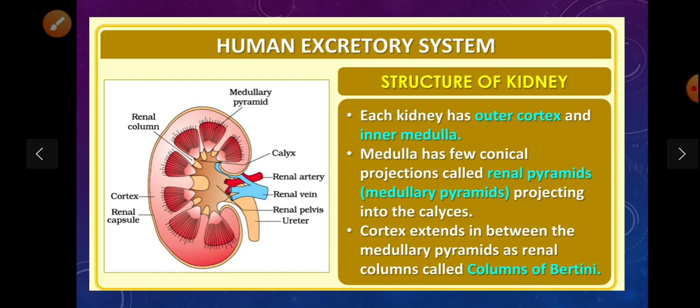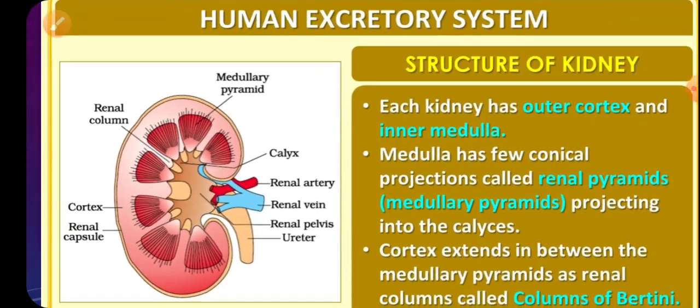Each kidney has an outer cortex and inner medulla. Medulla has a few conical projections called renal pyramids, also known as medullary pyramids, projecting into the calyces. Cortex extends in between the medullary pyramids as renal columns called columns of Bertin, that we can see here.